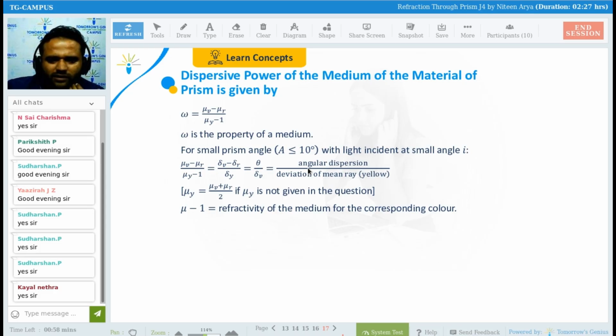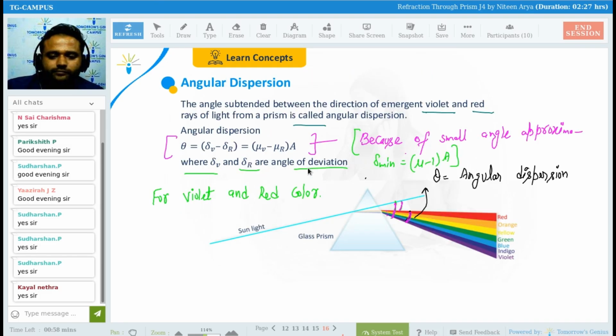Y is basically yellow. Why can we take yellow? Because yellow is the deviation of the mean ray, that is in between.